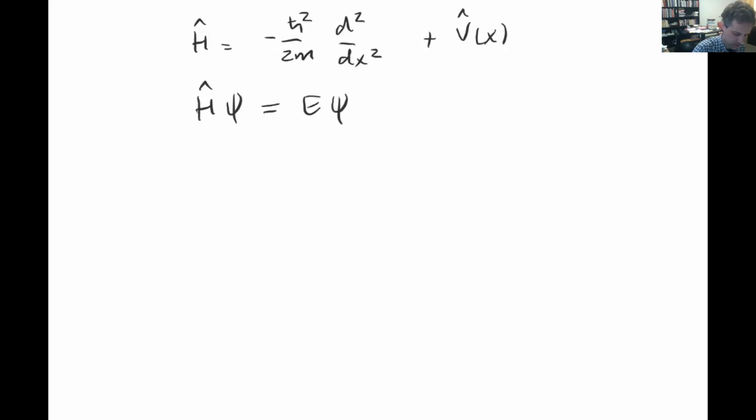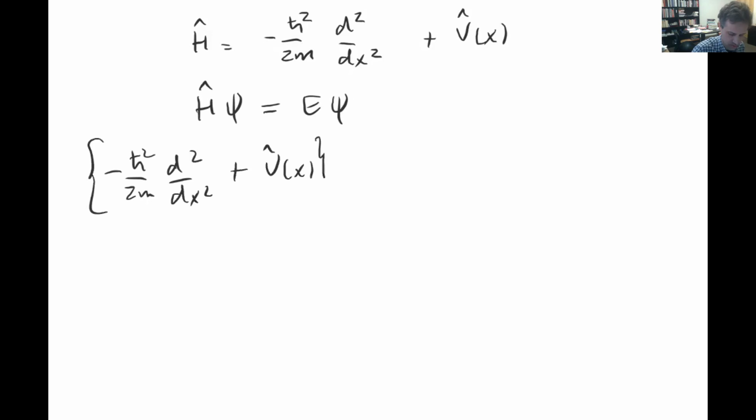So I'm going to put this whole thing in and write it out. Plus this potential energy contribution, that's the wave function, and that should give me a constant, which is the energy, times the wave function again. So this is what I have to solve. Looks pretty terrible, but I'm going to do the same trick as before.